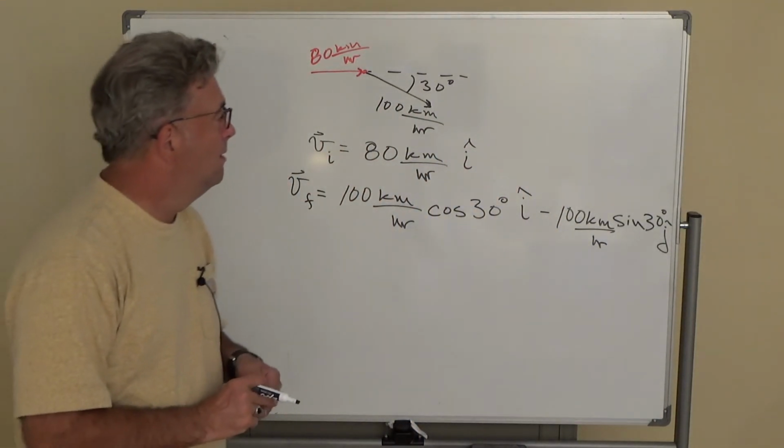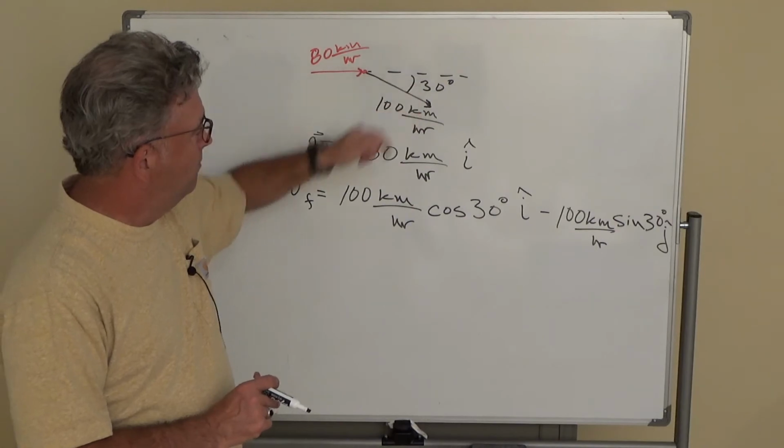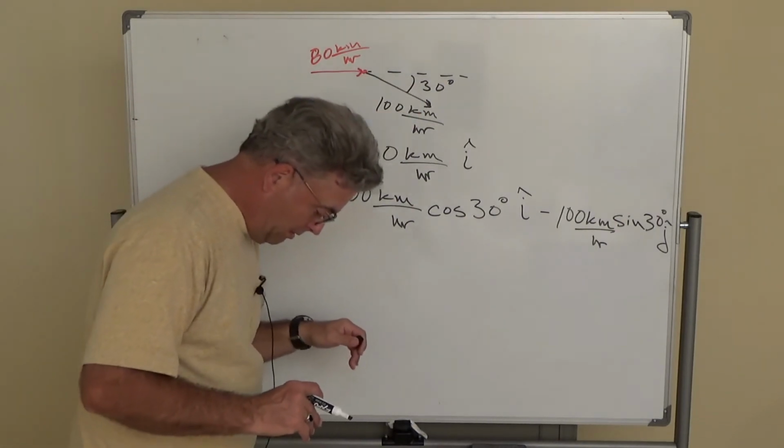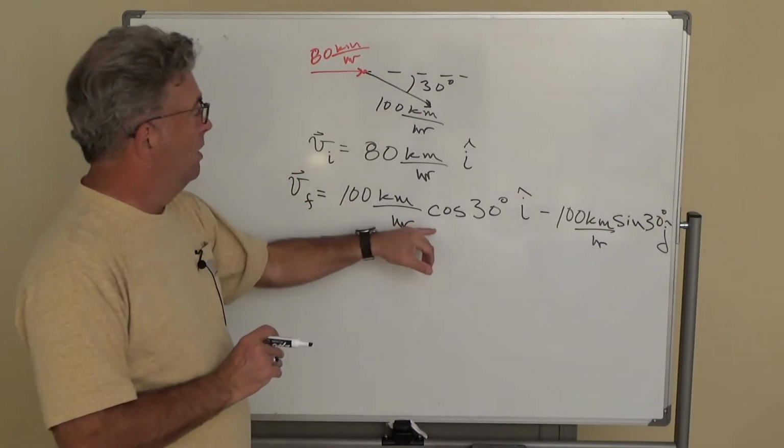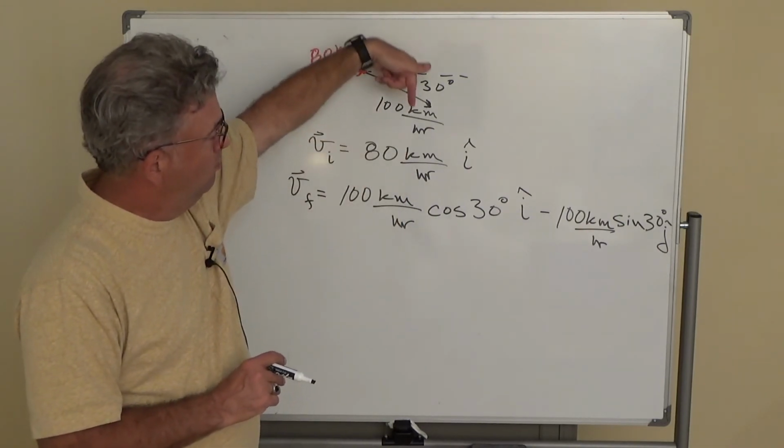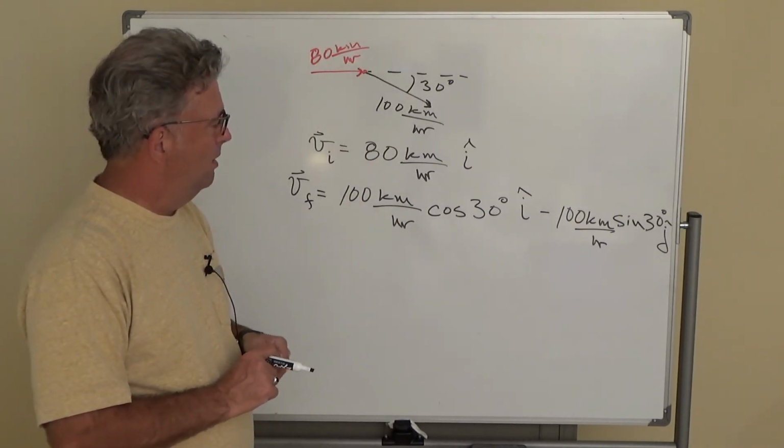You follow me? That was the final velocity, 100 cosine 30 minus 100 sine 30.